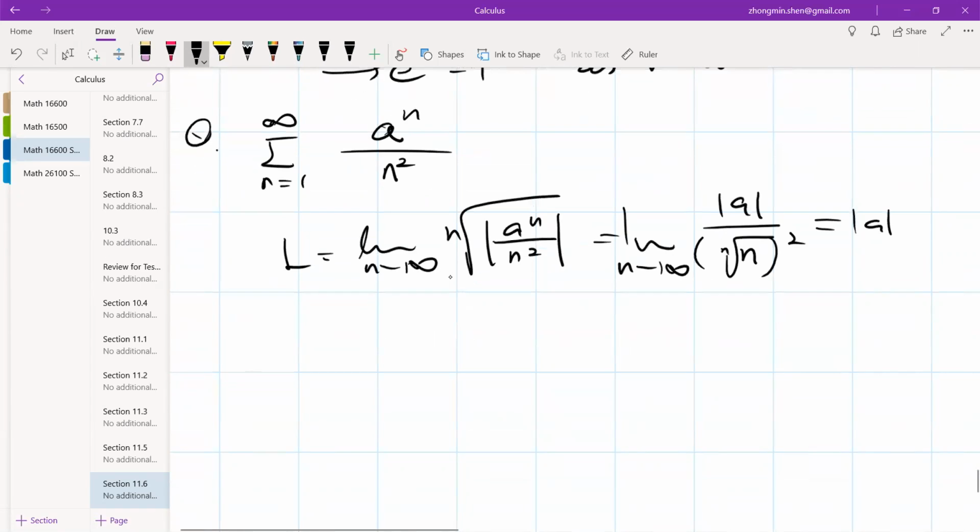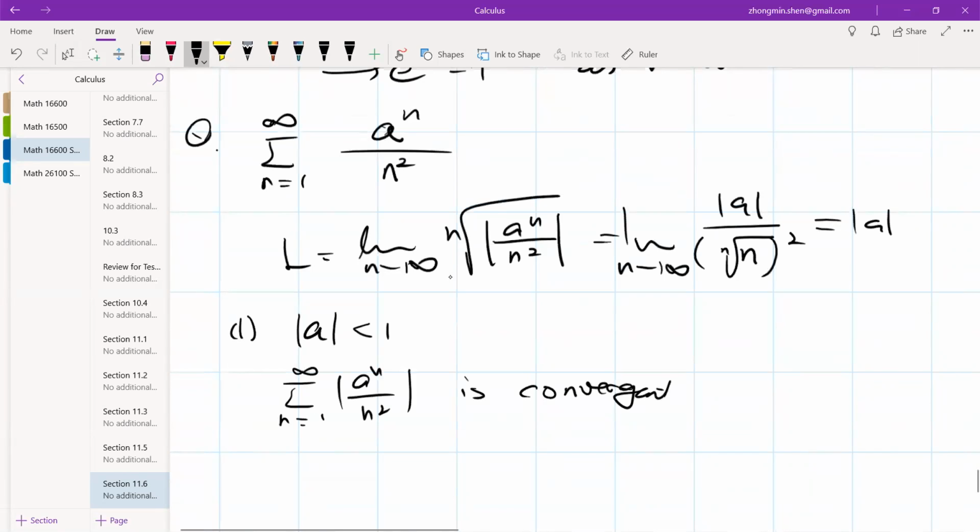So what is the next step? Well, you have two cases. If the absolute value of a is less than 1, then this is absolutely convergent.